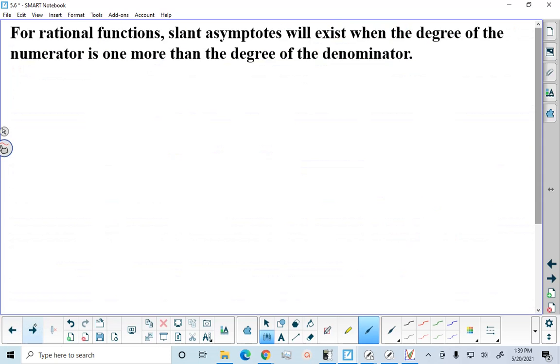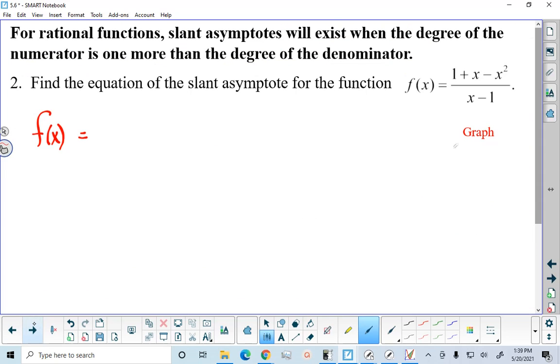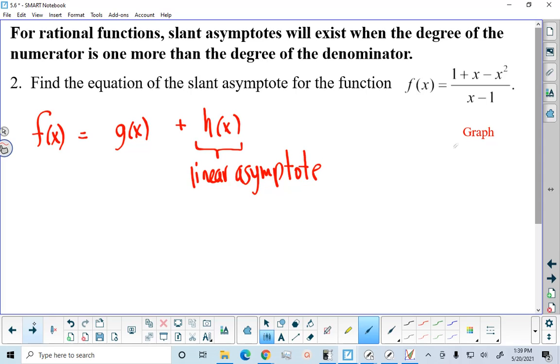One function, g of x, that will approach 0 at large values of x, plus another function which will be the linear asymptote. When you look at example 1, it was already given that way to you. What we have to do is take this function in example 2 and turn it into something that looks like that.